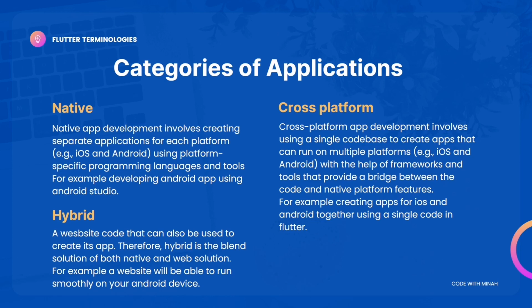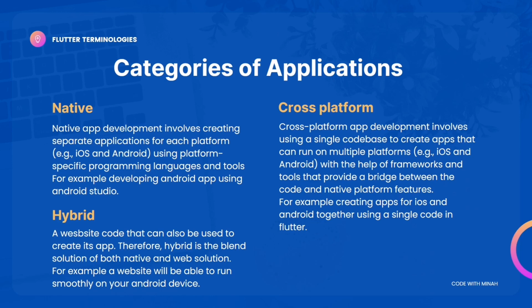When you want to create an application for a specific platform, for example, for Android devices only, then you can use Android Studio for creating your app. This type of application, created for a specific platform using a specific language, is known as native app development, and these applications are known as native apps.